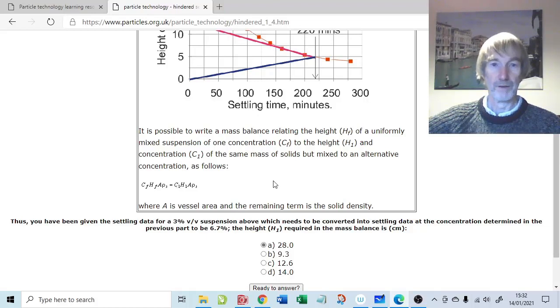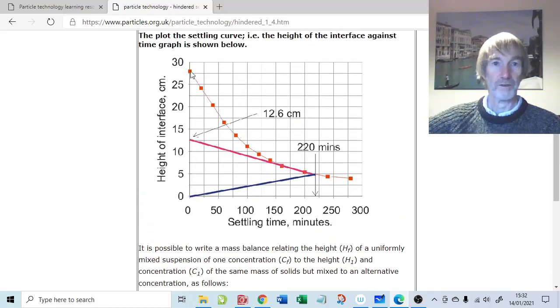Okay, so how does that work? Well, we know we started out with a 3% suspension of solids at 28 centimetres, and then came down here, and by our material balance, for the same amount of solids that's present, we can work out what the starting point would be at any arbitrary concentration you wish to choose. We know that the arbitrary concentration that we need to choose is 6.7%.